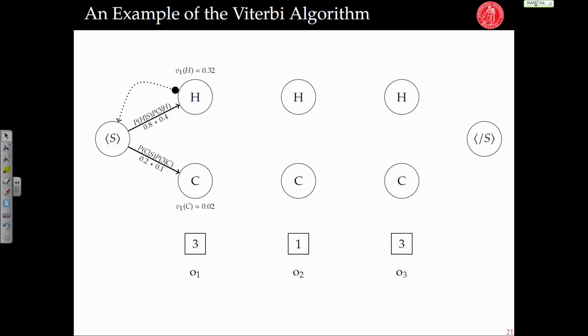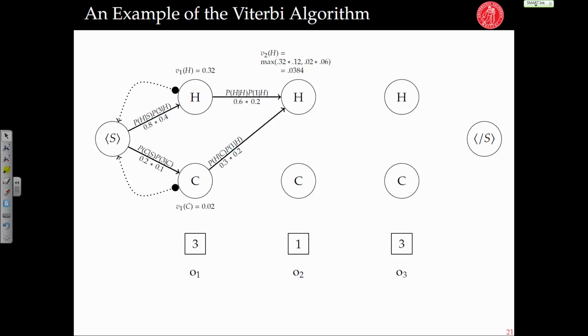So V1C means the maximum probability of being at state C at time point 1, given the observation sequence up to 1. But things will get more interesting when we move to the next state.